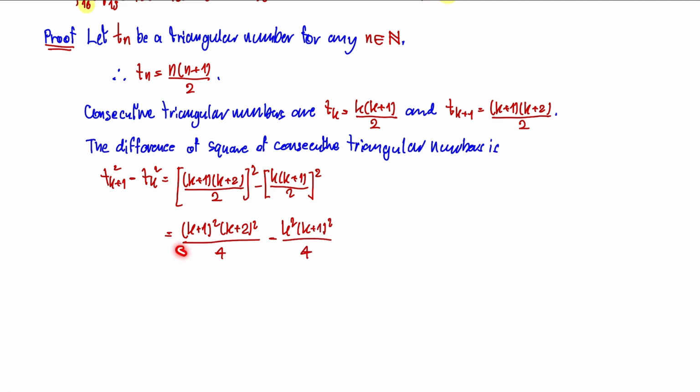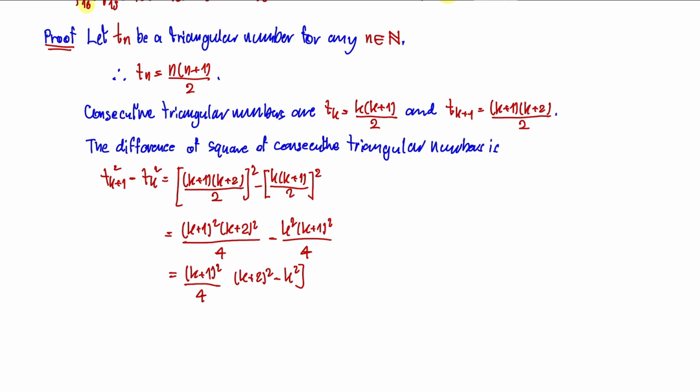I will factorize this term, (k plus 1) squared over 4, so it turns out to be (k plus 1) squared over 4 times (k plus 2) squared minus k squared.